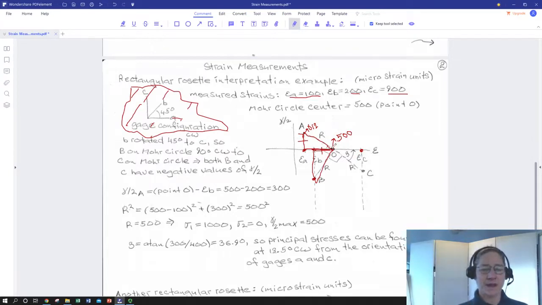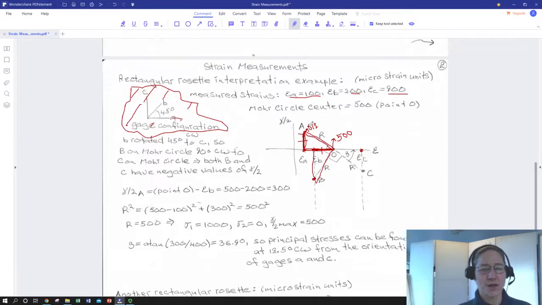So this side length here is 300. Now we look back and go, okay, we go from epsilon A to O, which is 400, and we have 300 on the upright. So we can use Pythagorean theorem to get R. It's a 3, 4, 5 right triangle times 100. So we end up with R equal to 500.